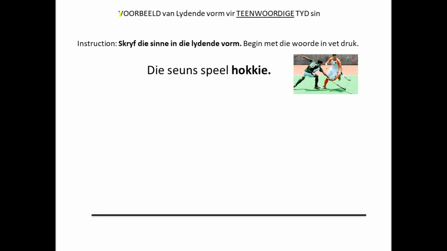We're going to do an example, voorbeeld, of a lydende vorm change to a sentence written in teenwoordige tyd. You will find an instruction that says: Skryf die sinne in lydende vorm. Begin met die woorde in vet gedruk. Vet gedruk means bold.